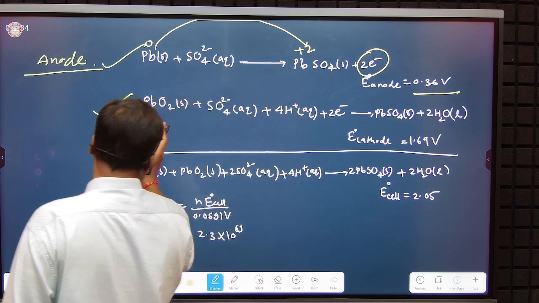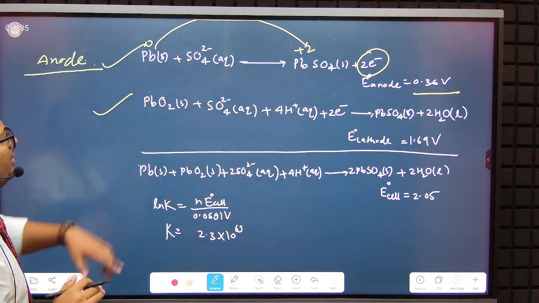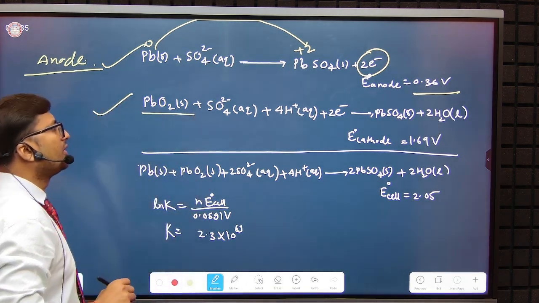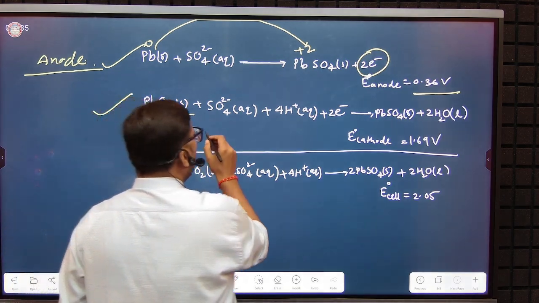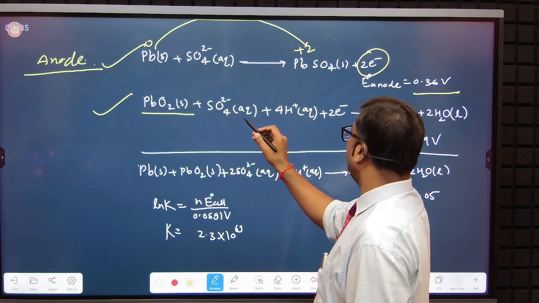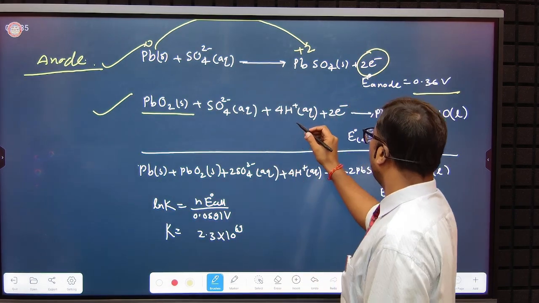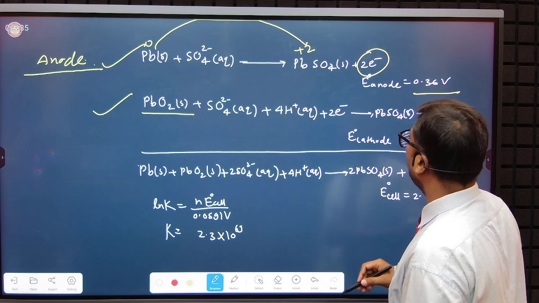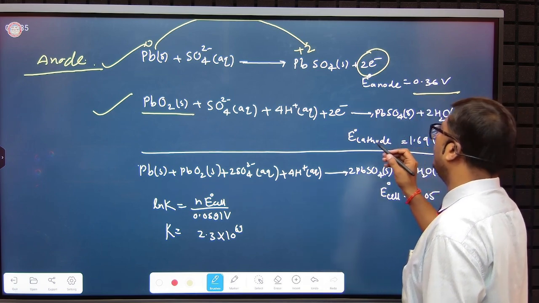And for the other component, lead dioxide, in the presence of H2SO4, which has an aqueous solution of sulfate ion and hydrogen ion, it will receive 2 electrons, so that it is reduced.